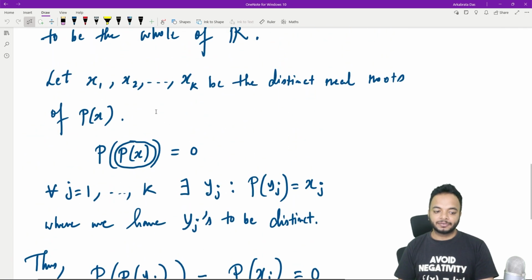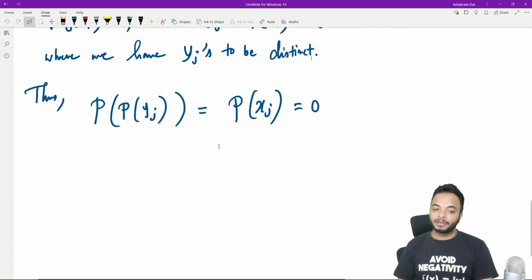And p(x) was also having k distinct real roots, and so p(p(x)) is also having at least k distinct real roots. We can say at least k distinct real roots, not exactly; we don't know whether it will have more than that or not. We have just proved, according to the problem, at least k real roots, and thus we are done.